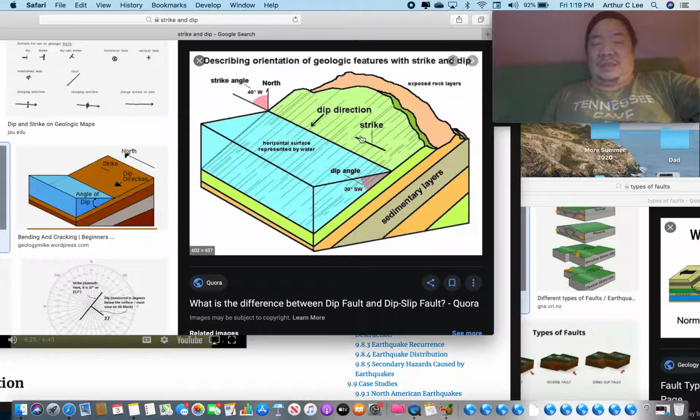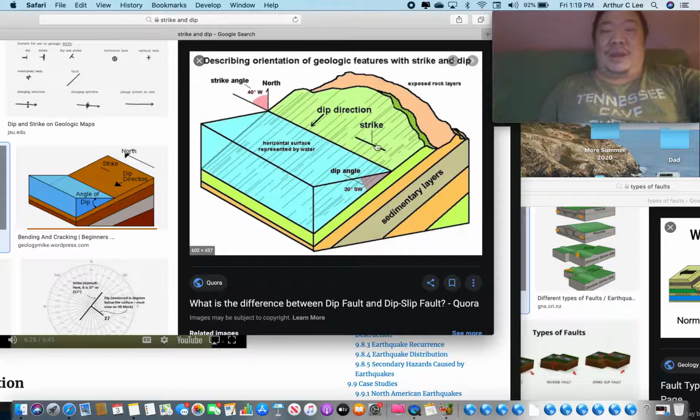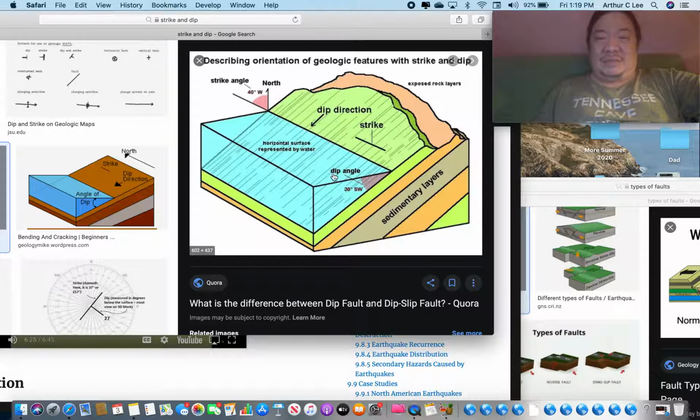We could say it's striking to the southeast, but in geology we always use north for strike. So this bed is striking to the northwest. And the dip is always at 90 degrees to strike. It's perpendicular to the strike. It's dipping to the southwest.